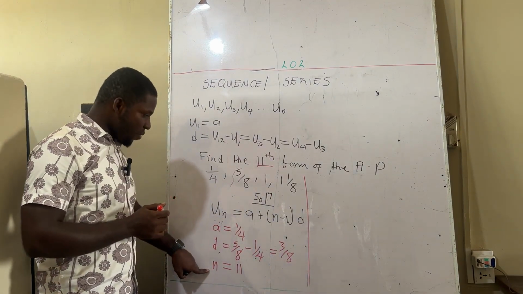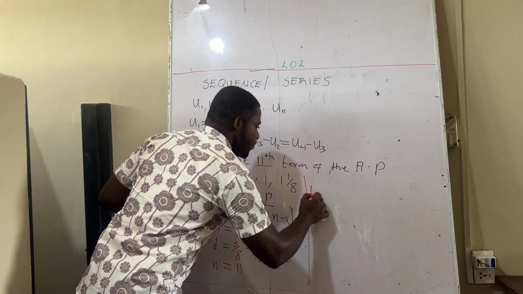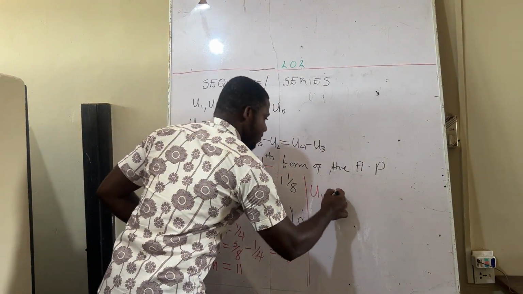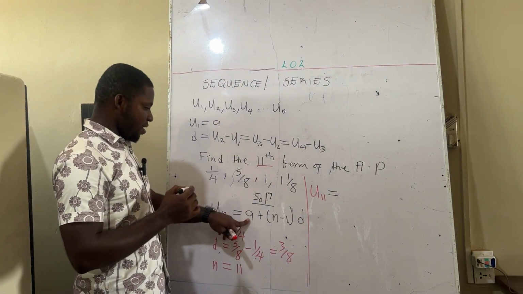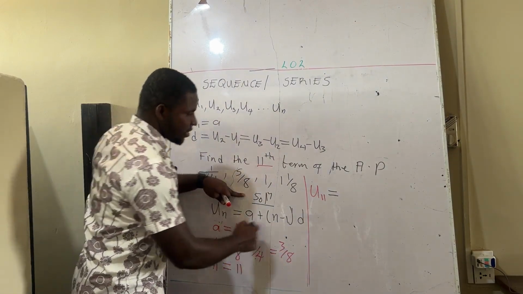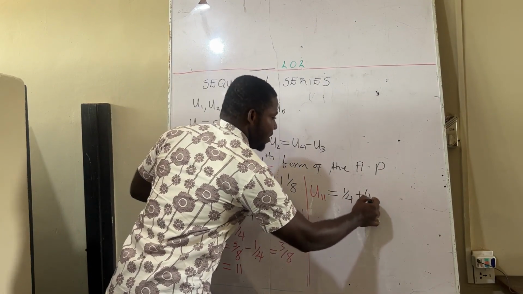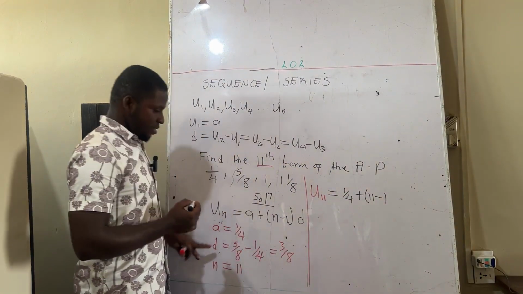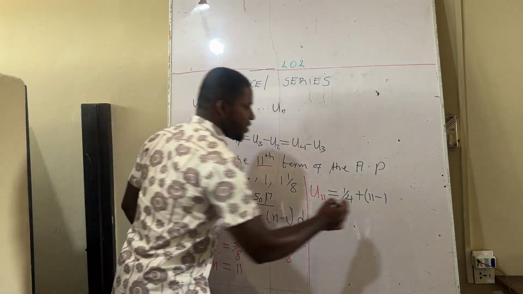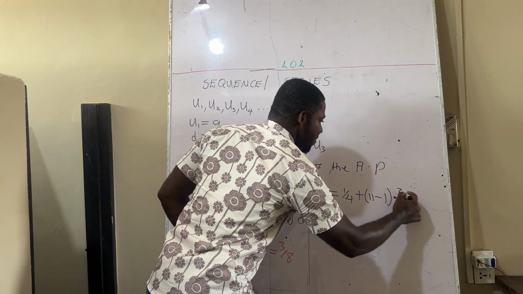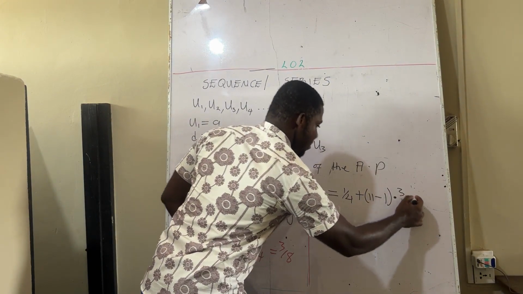The 11th term means U11 is equal to a, which is 1 on 4, plus (11 minus 1), since n is 11, then multiplied by the common difference, which is 3 on 8.